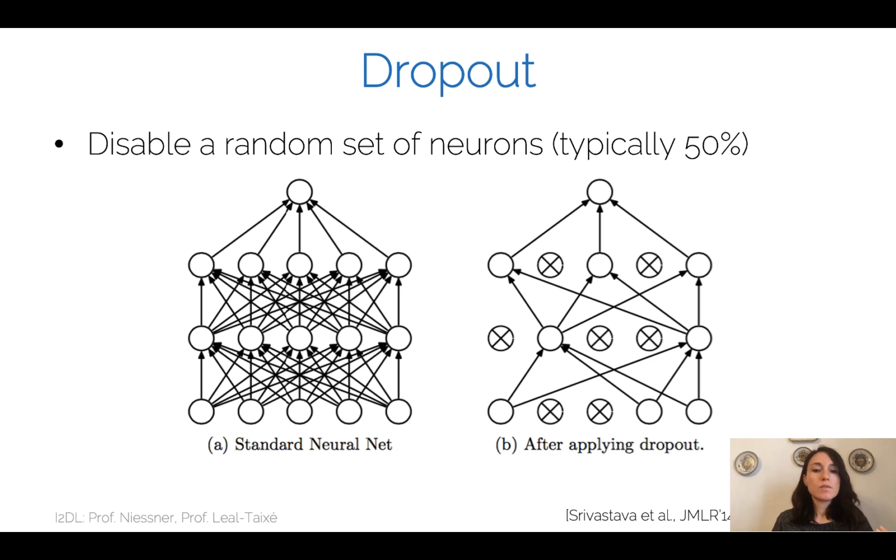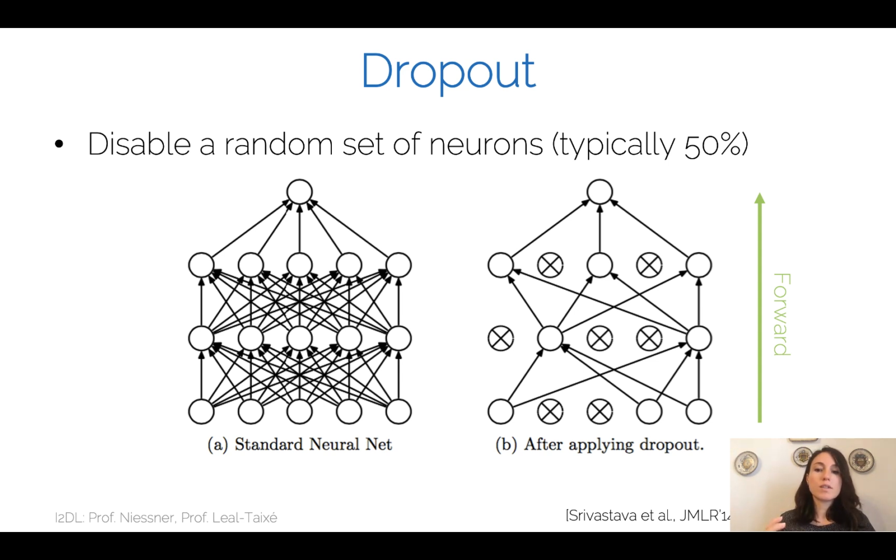The idea was that you would train a standard neural network, and at some point you would disable a random set of neurons. Let's assume that our dropout probability is 0.5. In this case, during the forward pass, we disable 50% of the neurons. You can see here the standard neural network on the left and the neural network after applying dropout on the right.